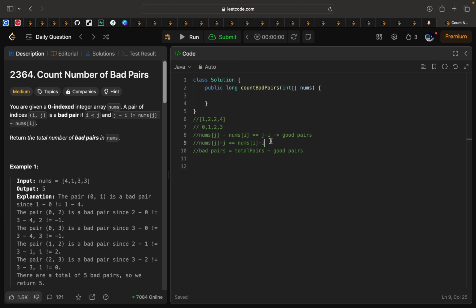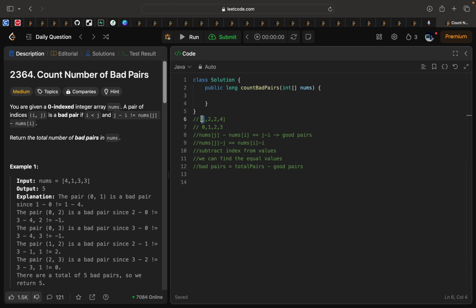Okay, so what we can do is subtract the index from the values and find the equal values, and those equal values will form a pair together.